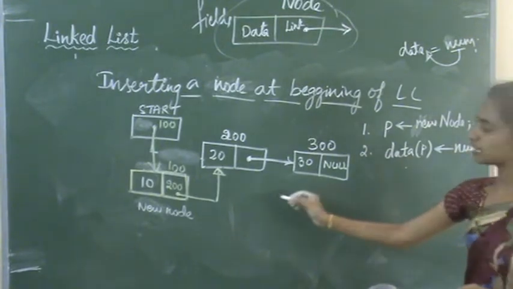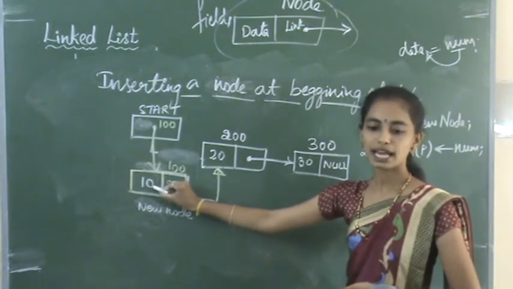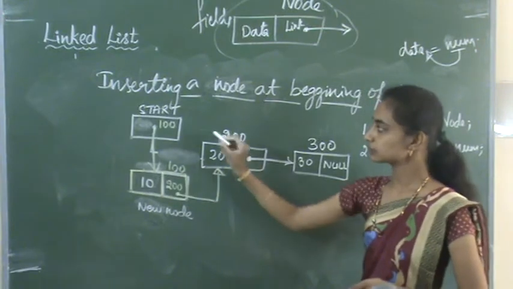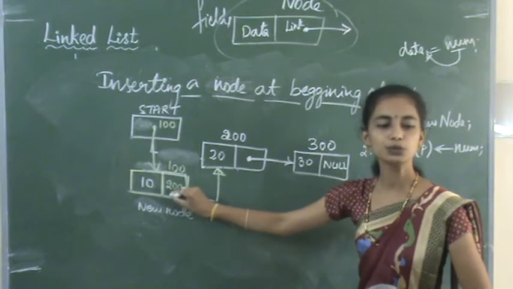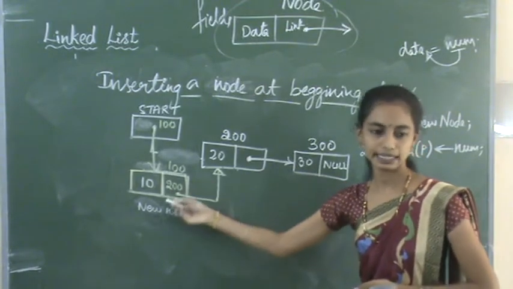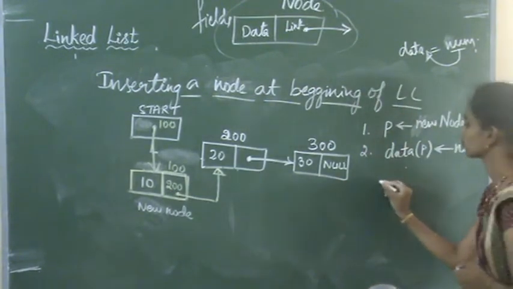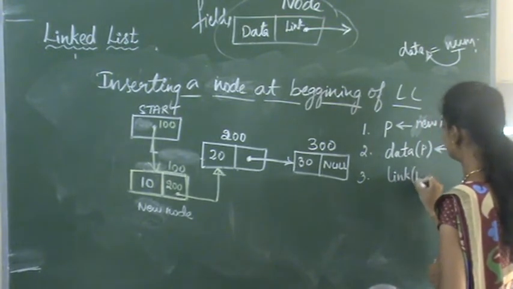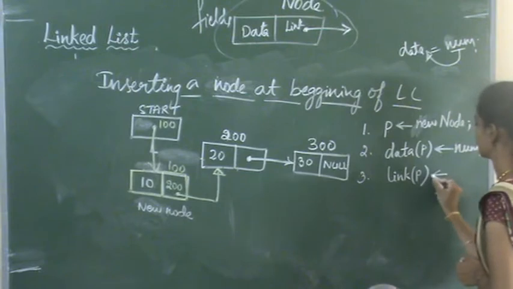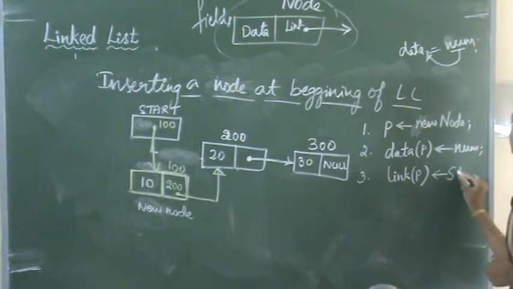Okay. So after assigning the value, what do I have to do? This starting address will be assigned to the newly created node. So the third step is link of P is start.